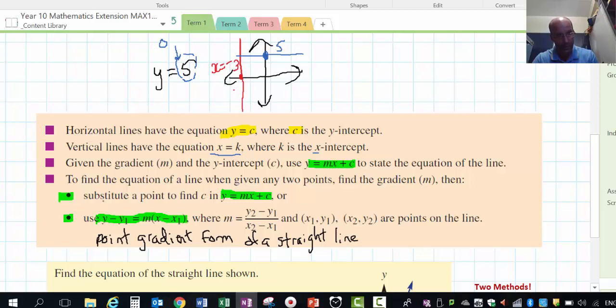Okay, so y minus y1 equals m times (x minus x1). (x1, y1) is just a point on the line. The 1 after the x and the 1 after the y is just the name.